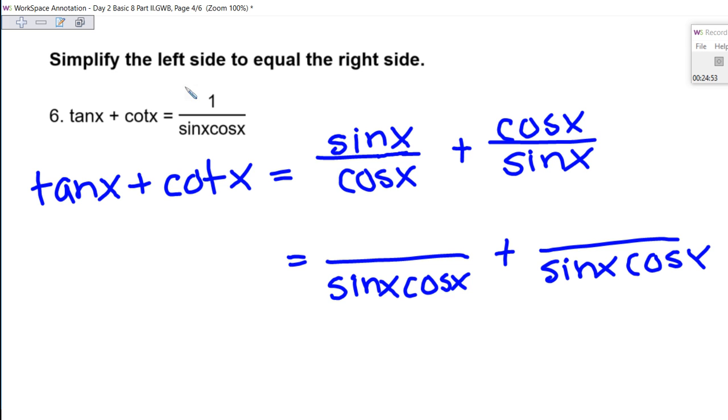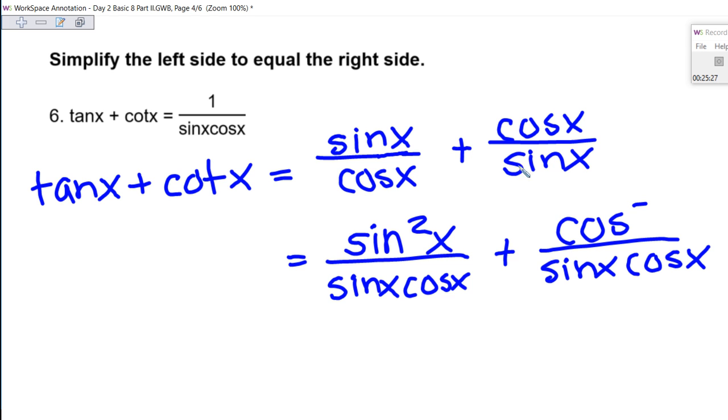Now, the first fraction has the cosine, or the first denominator has cosine, so which part was it missing? Sine. So I need to multiply sine of x by sine of x, and what does that give me? Sine squared of x. The second denominator has sine, so which part was it missing? Cosine. So the cosine in the numerator needs to be multiplied by cosine, and what does that give us?